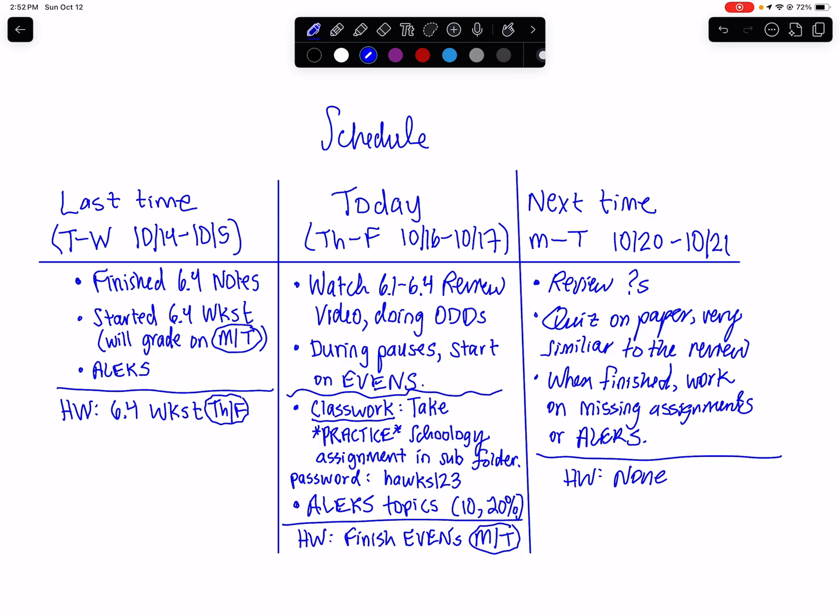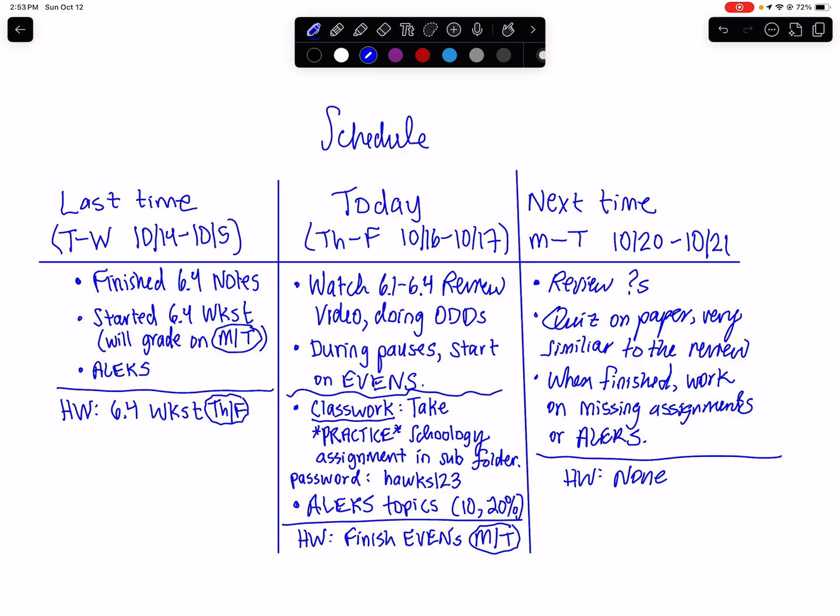So however you perform on that will go in the grade book, but it's not a quiz, so it is not worth as much. The password to that will be Hawks123, and then any remaining time you have during the class, you should be, for one, on your best behavior, but also be working on Alex topics, as we talked about.